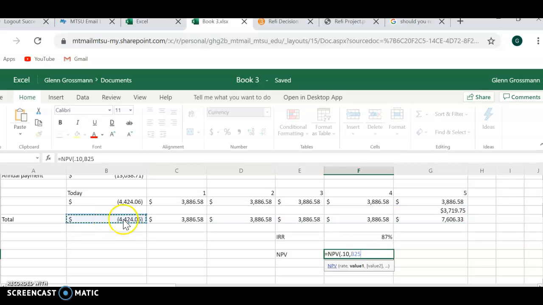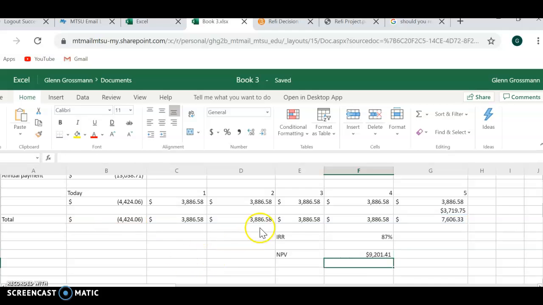And then bring all these in. And then add in our cost. Finish that out.